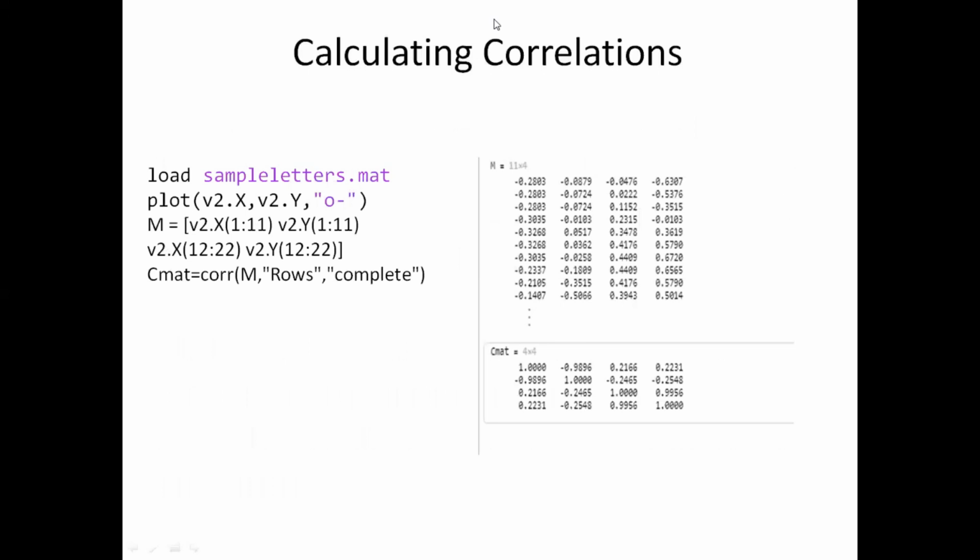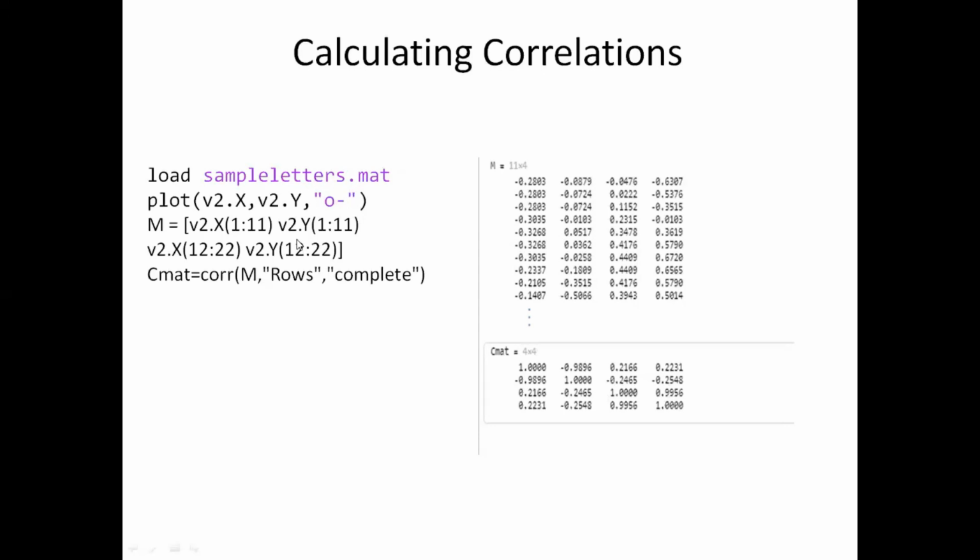To do that separation, we have this data file v2, which has 22 rows. I am going to divide it into the first 11 rows and the next 11 rows, making it 4 columns. The first column will have the first 11 rows of X position.